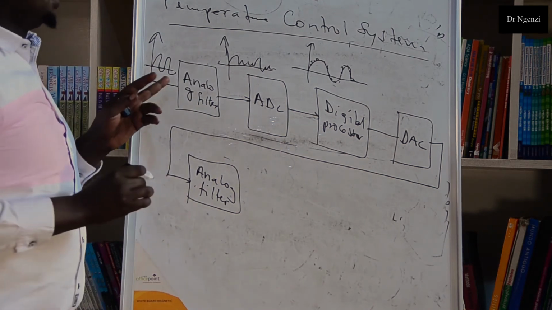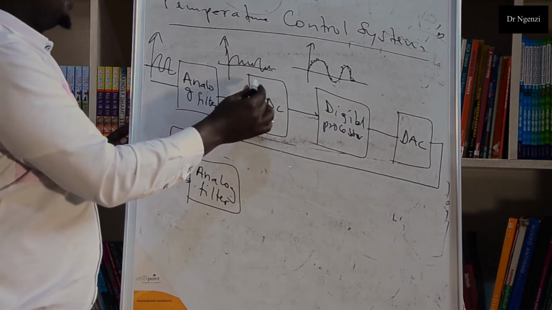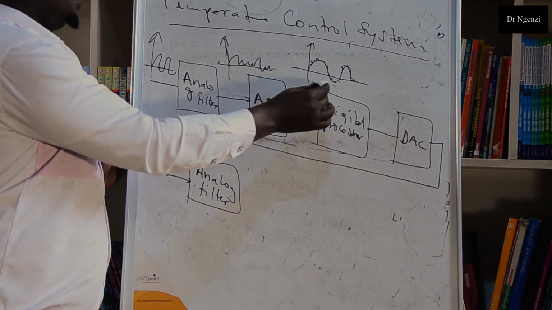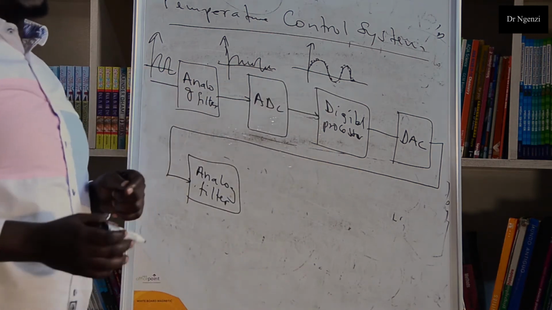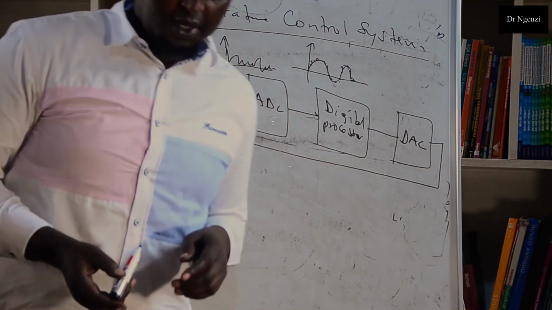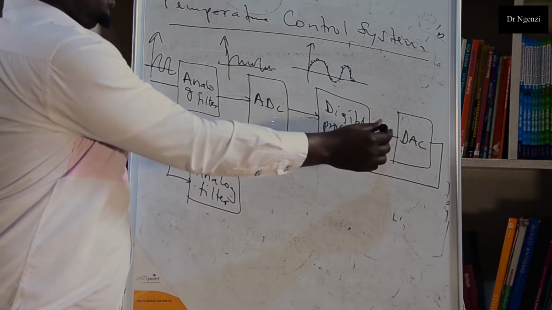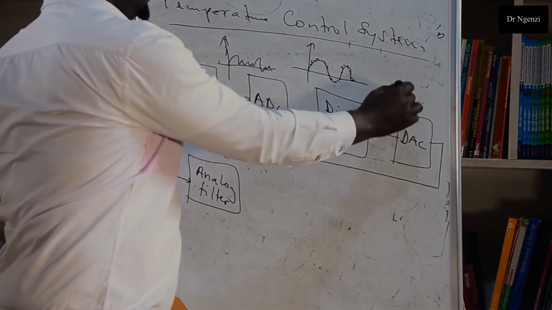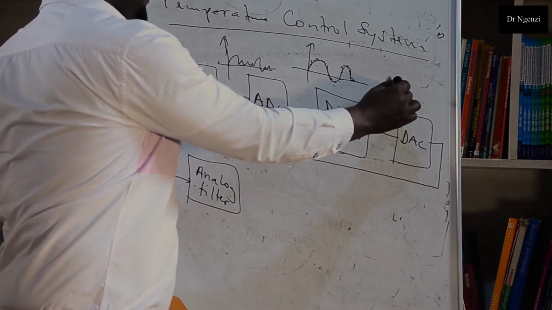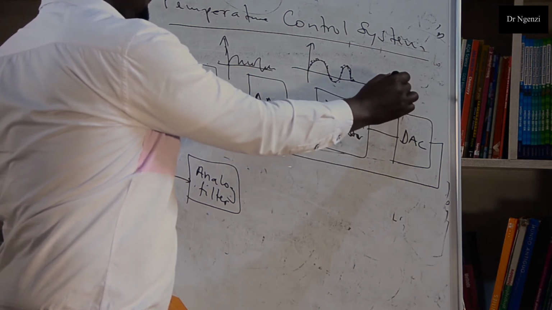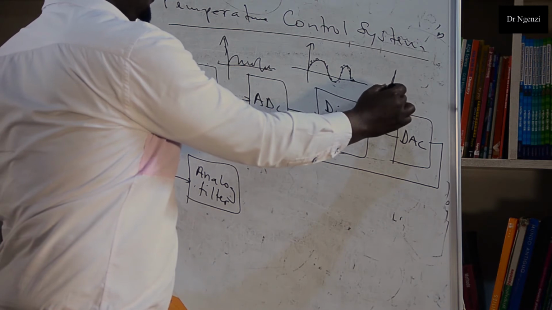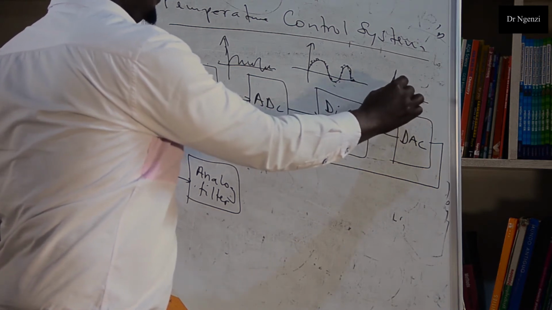It begins with an analog signal, passes through an analog filter, then is converted into digital by the digital processor, and then it's sampled by the DSP. Then a digital-to-analog converter changes it totally.